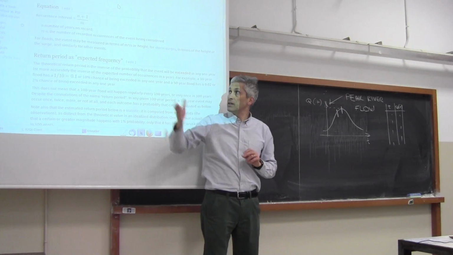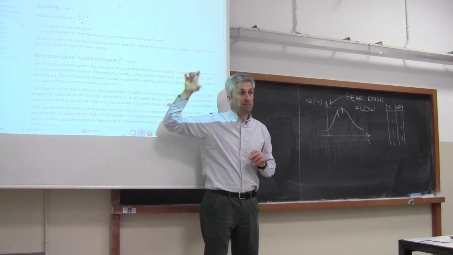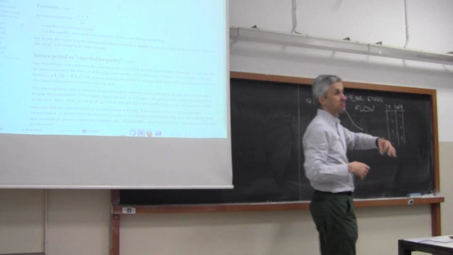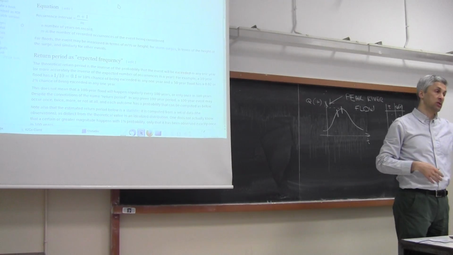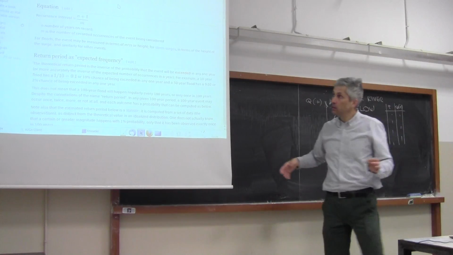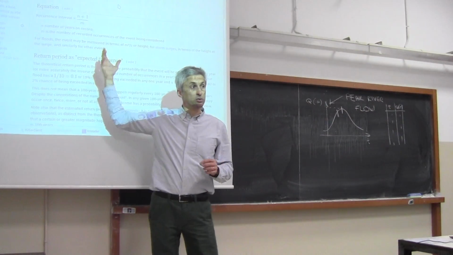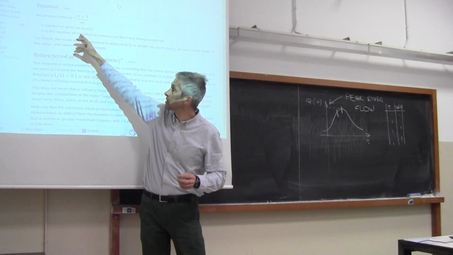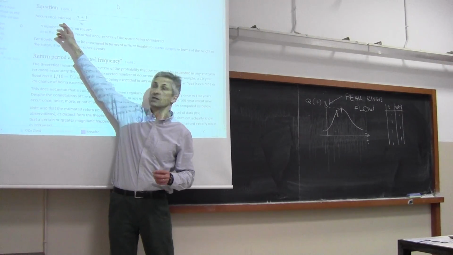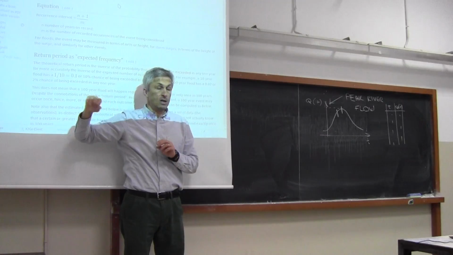And if you make this computation, you would realize in practice, you take a sequence of numbers, observed or simulated, and you make this computation of the return interval. Return period and recurrence interval are synonyms.